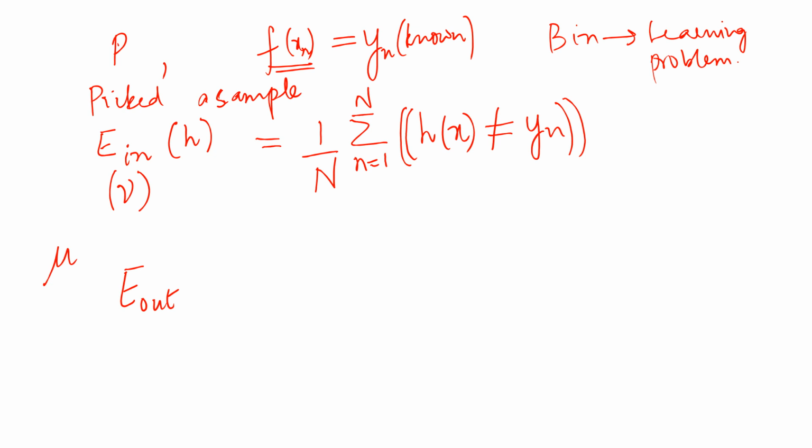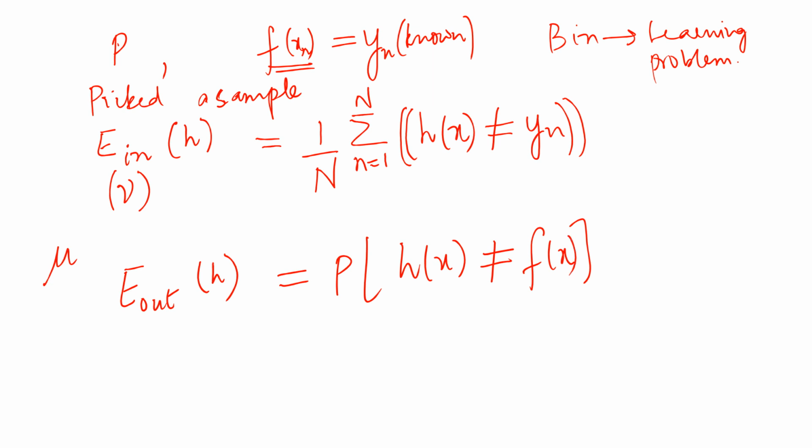We're trying to find the relationship between E in and E out, which we'll talk about a lot going forward. But right now I'm just trying to define that, which is nothing but the probability in the bin, which is the larger population, when h of x is not equal to f of x.